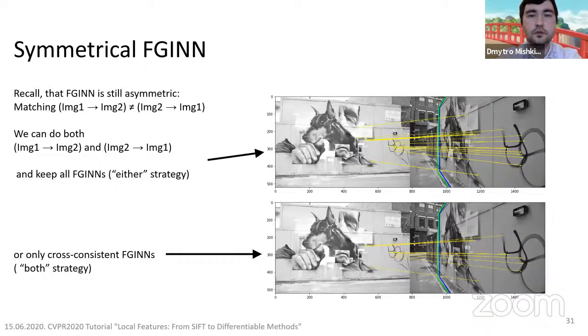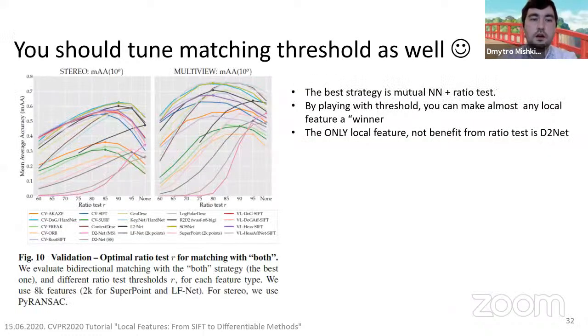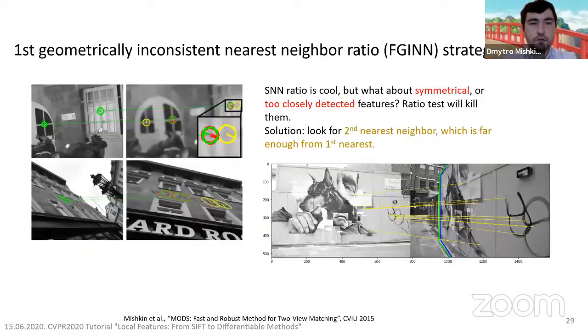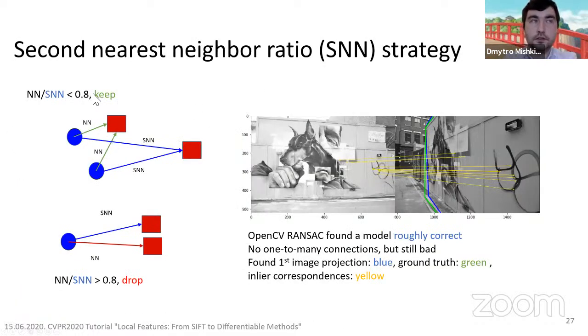And of course, you can do things symmetrically, so that you do it from one image to another, then from the other image to the original one, and you keep only cross-consistent matches, and these work the best. Now, the matching threshold, which I mentioned here, is 0.8 as in the SIFT paper. This is a threshold on the ratio, where you decide to keep a feature or discard it.